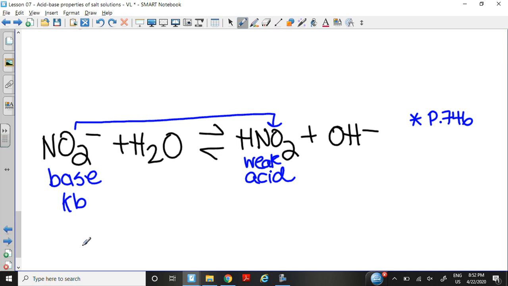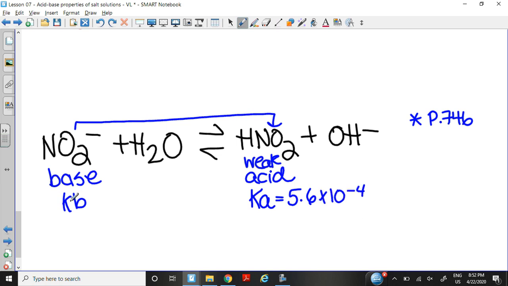But if you look for Ka values, you will be able to find a Ka value of the nitrous acid in the table. So if you scan down that table, you will find a Ka value for nitrous acid, which is 5.6 times 10 to the negative 4.